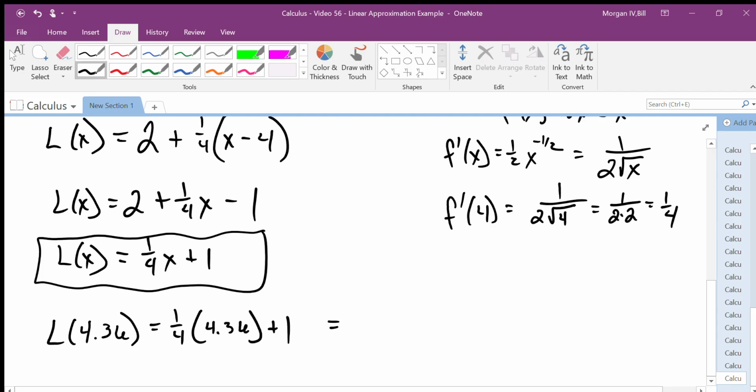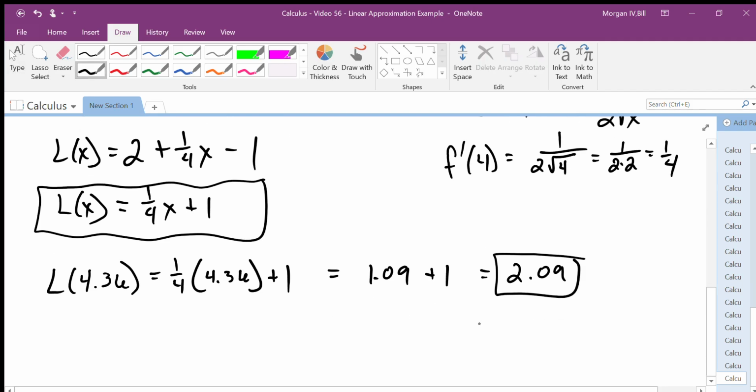That is equal to 4.36 divided by 4: 4 divided by 4 is 1, 36 divided by 4 is 9. So 1.09 plus 1, or 2.09. This is the linear approximation of the square root of 4.36.